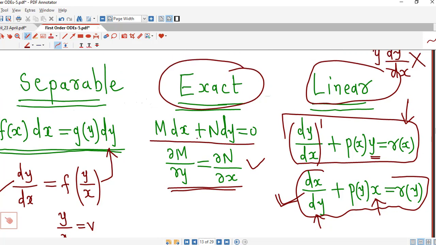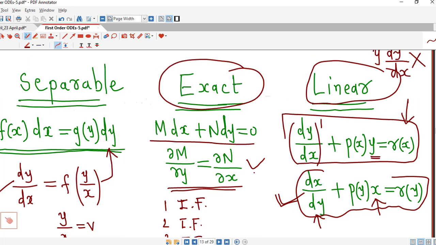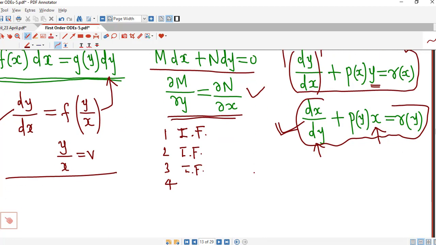Now suppose the equation is not exact, then we have seen 4 different cases, and we have seen how we can convert our differential equation into an exact differential equation using integrating factors, and we have seen different methods of deciding integrating factors. And if it is not possible to convert our equation into exact form, then we can think of Bernoulli's equation and another type of differential equations which we have discussed.